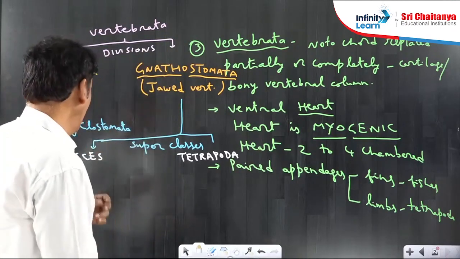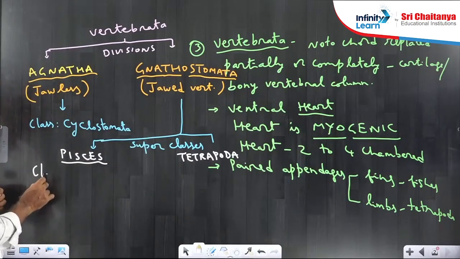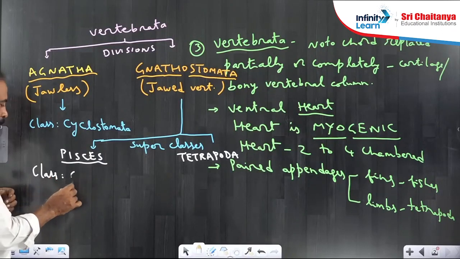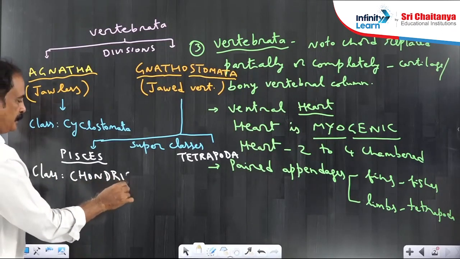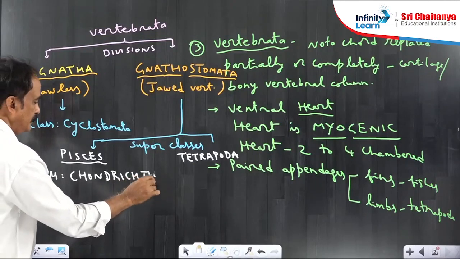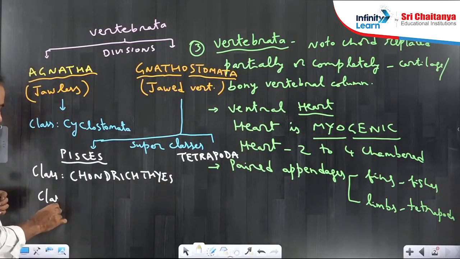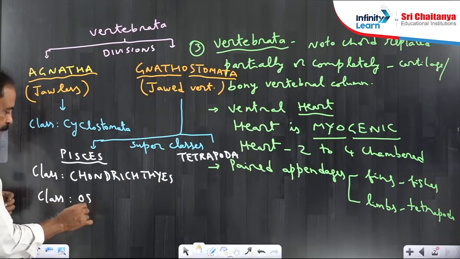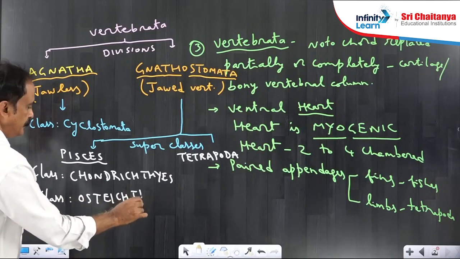Pisces will include 2 classes: class Chondrichthyes or cartilage fishes, and the class Osteichthyes or bony fishes.